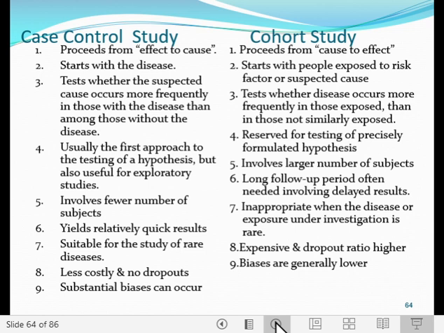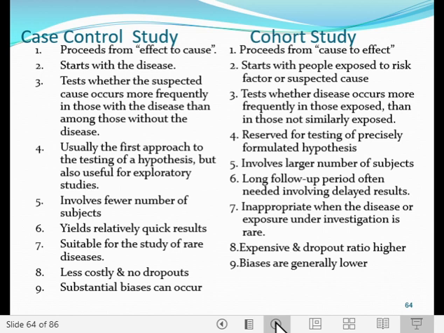Case control study tests whether the suspected cause occurs more frequently in those with the disease than those without the disease, while cohort study tests whether the disease occurs more frequently in those exposed than in those not similarly exposed.